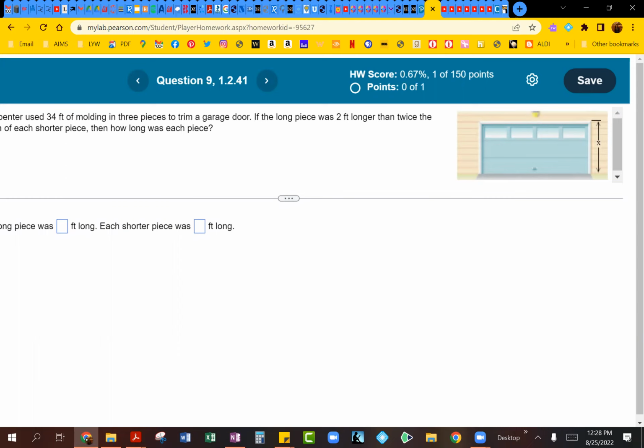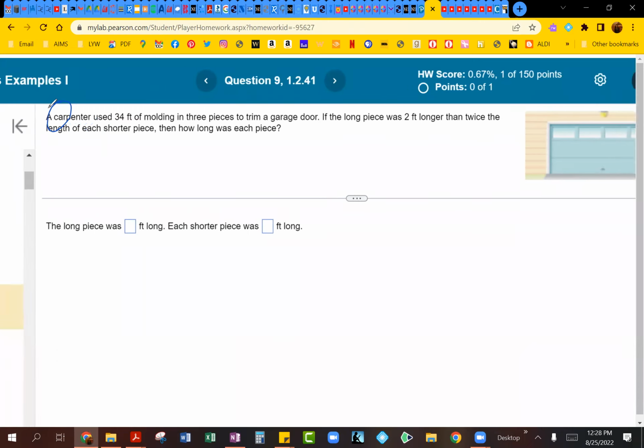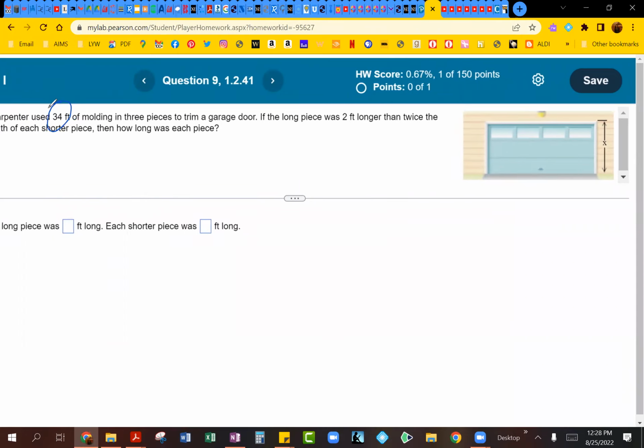So we know they have a total of 34 feet of molding cut into 3 pieces, and they're telling us the long piece is 2 feet longer. So that's going to be this long piece over here is 2 feet longer than twice the length of each of the shoulder pieces.